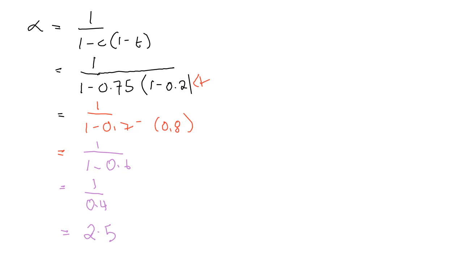All right. Now, moving right along, we're now going to add to our multiplier. We're going to add your marginal propensity to import.